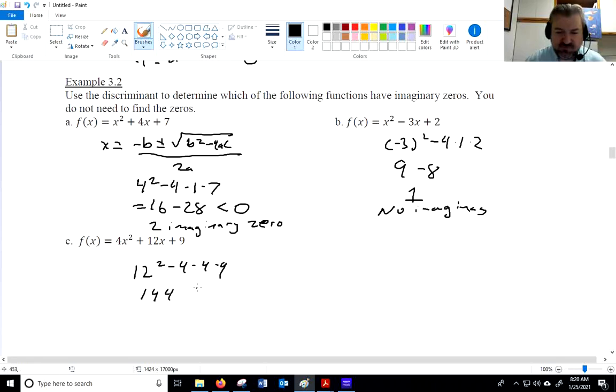That's 144 minus 4 times 4 is 16, and 16 times 9, 144. So that's 0. So it actually has 1 real solution. No imaginary.